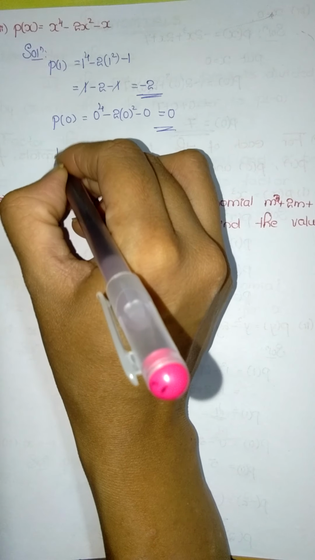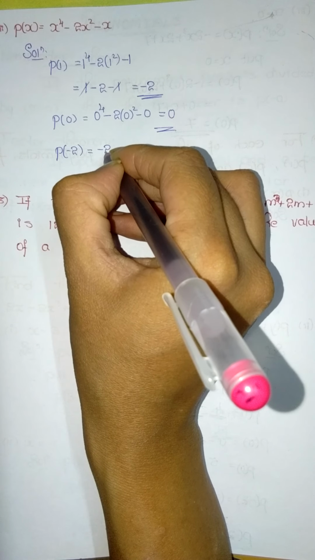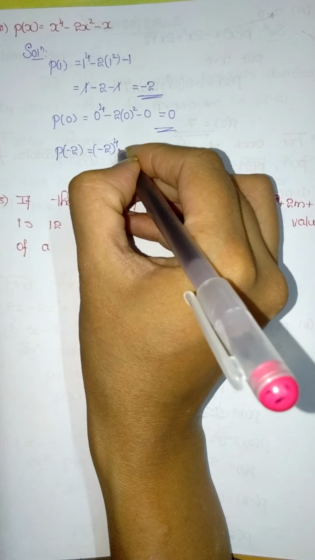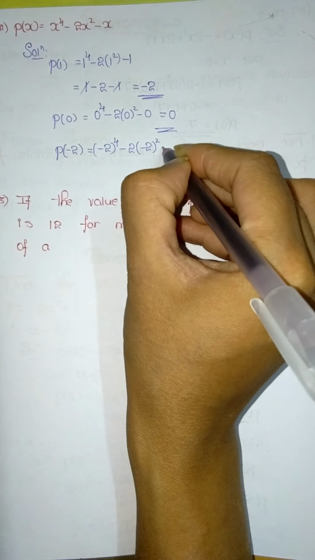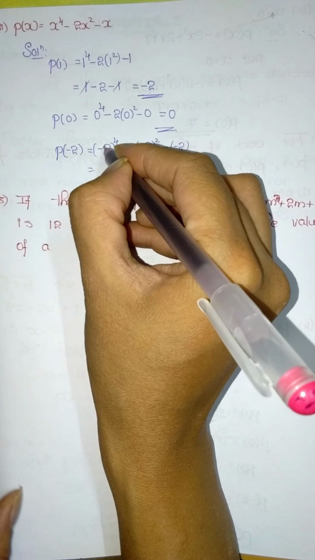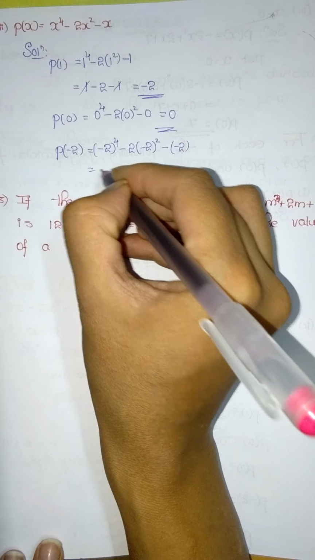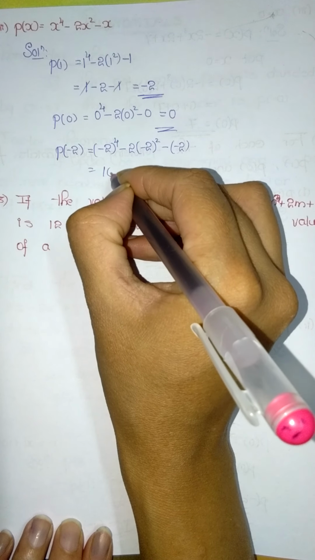And the third one, p of minus 2. So here minus 2 to the power 4 minus 2 into minus 2 to the power 2 minus of minus 2. So यहाँ पे minus 4 टाइम्स मल्टीप्लाई करेंगे तो प्लस आएगा. So 2 to the power 4, so 16.